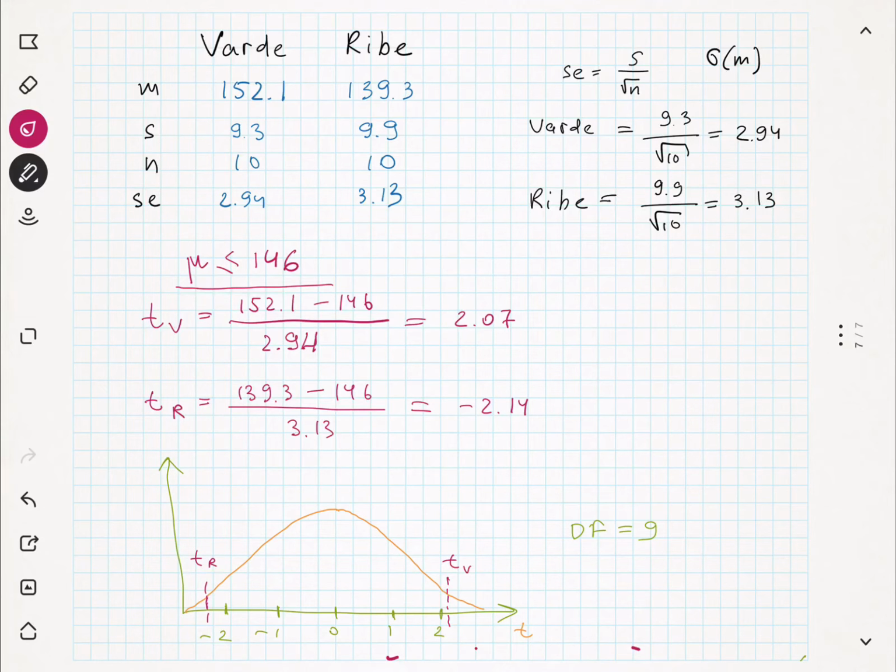Now, which of these two values is extreme? Let's think. Our null hypothesis is that mu is 146 or even less, right? So the extremeness is getting larger in this direction. As soon as the sample average exceeds the average that we assume our population has, 146, the sample becomes more and more extreme.